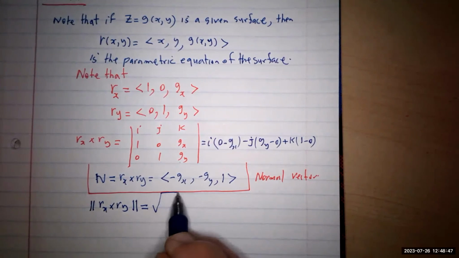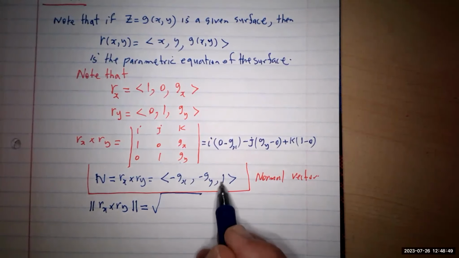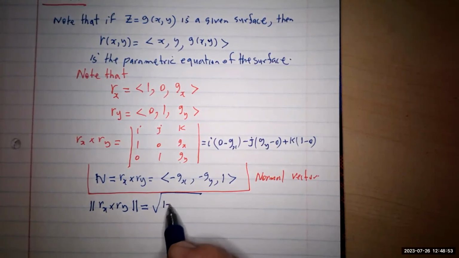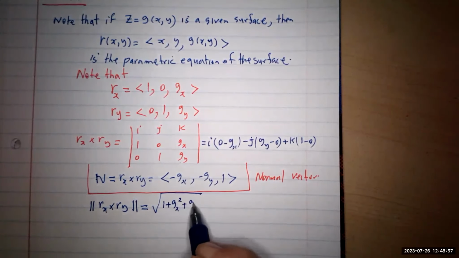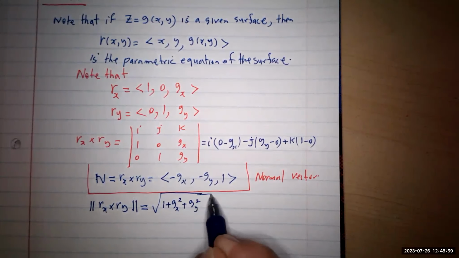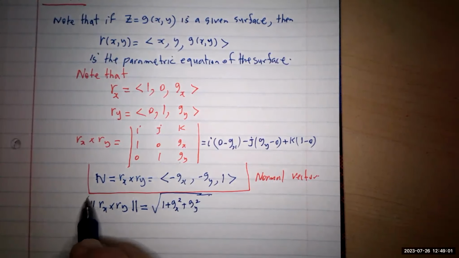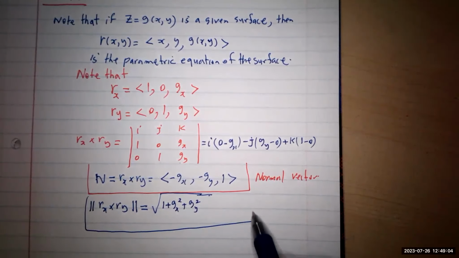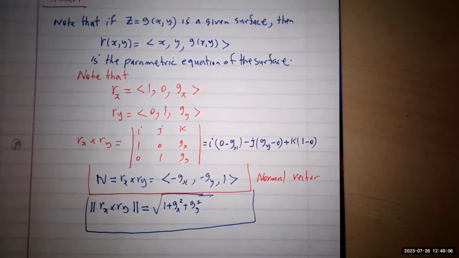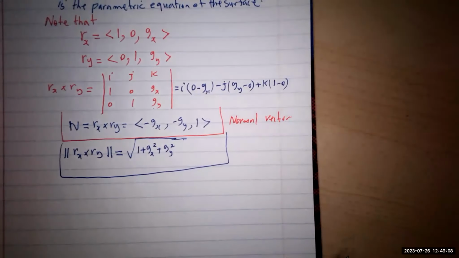So it's going to be the square root of 1 plus g sub x squared plus g sub y squared. So in that case, that would be the norm of your normal vector. Any question?